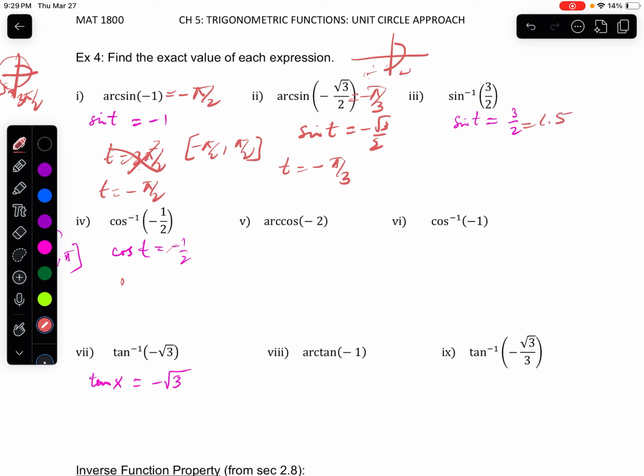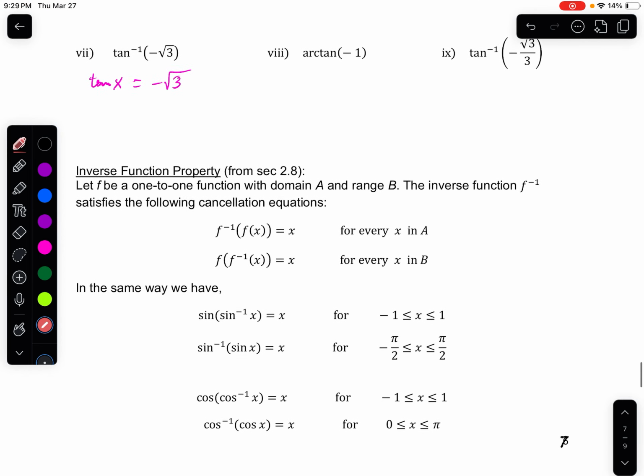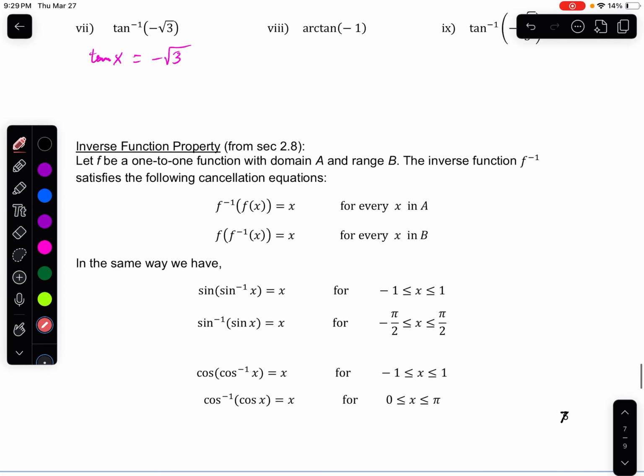So this value does not exist. So I did all these for you. I would like you guys to try some, and then we will see if you got the results correct.